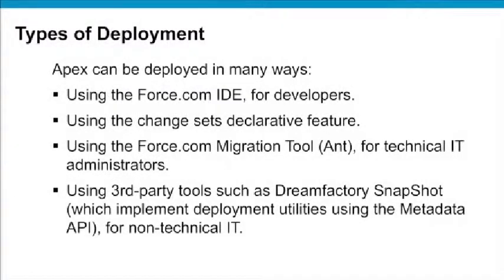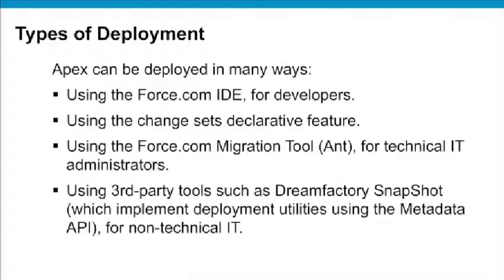There are a number of different tools that we have to do the deployment. So we could use the Force.com IDE, which is what we're going to be using within our exercise. There's also change sets. Change sets, I'll talk about those. Those are a browser-based tool.